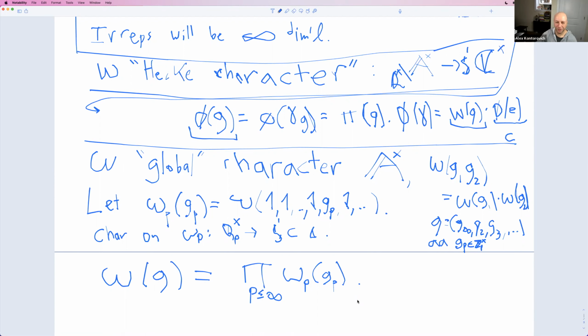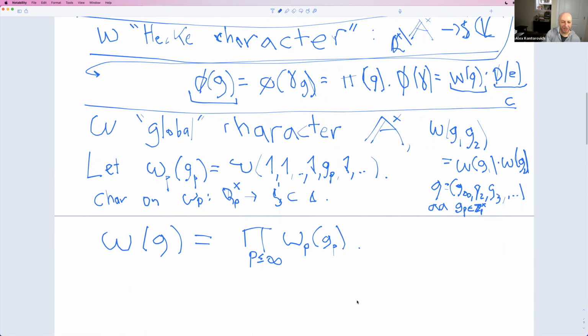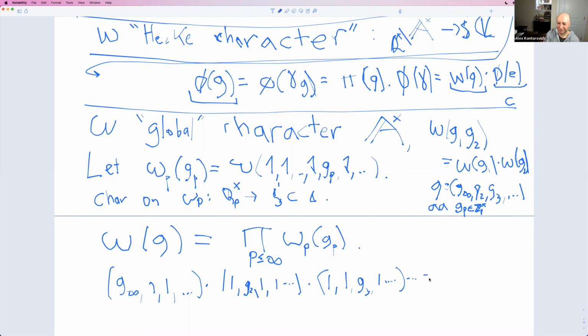This is simply because if you take gamma infinity, 1, 1, and so on, times 1, gamma 2, g2, 1, 1, times, okay, you see what I'm doing, 1, 1, g3 and all ones.